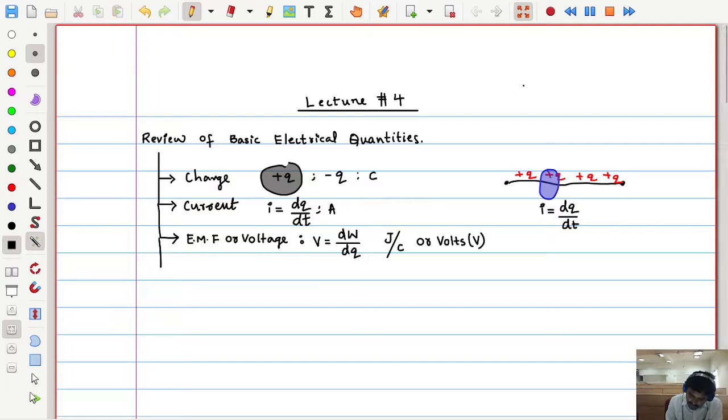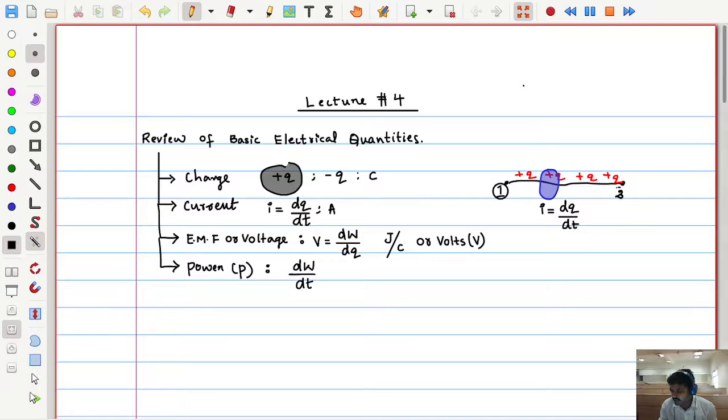And next, one more important thing we have seen: this rate of work done we define as the power, which we usually represent with the letter P. So the rate of work done is dw by dt, or the rate of change of the energy to make the flow of this charge from one point to another point.